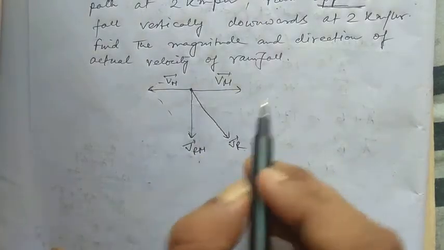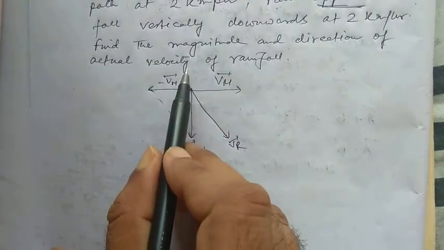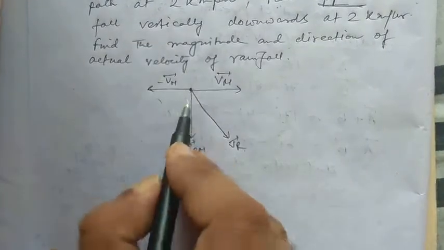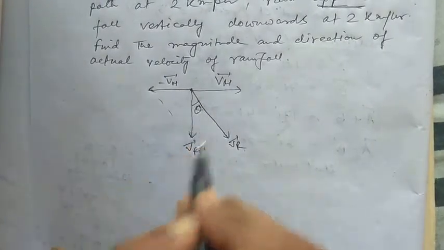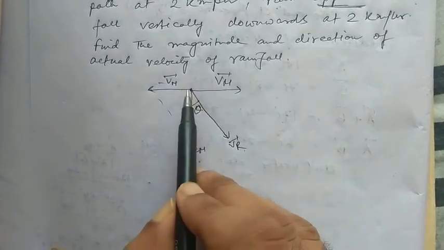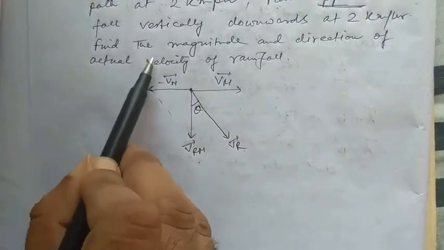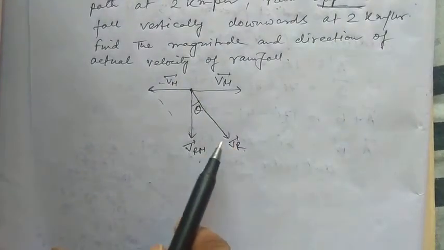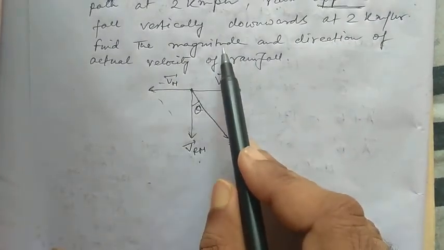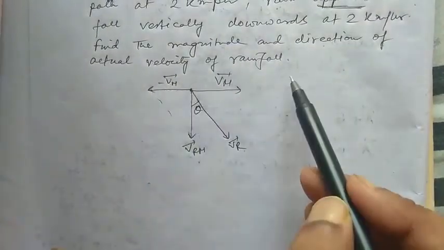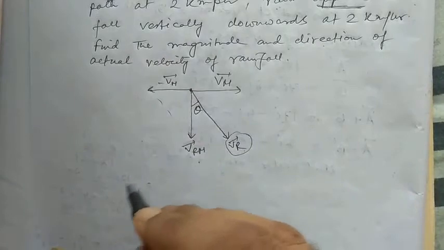So the rain here is not falling vertically downwards, but it is falling at an angle theta from the backward direction. The man was moving in this direction, and the rain was actually falling in this direction. So we have to calculate the magnitude as well as the direction of the actual velocity of rain. This is the actual velocity of rain.